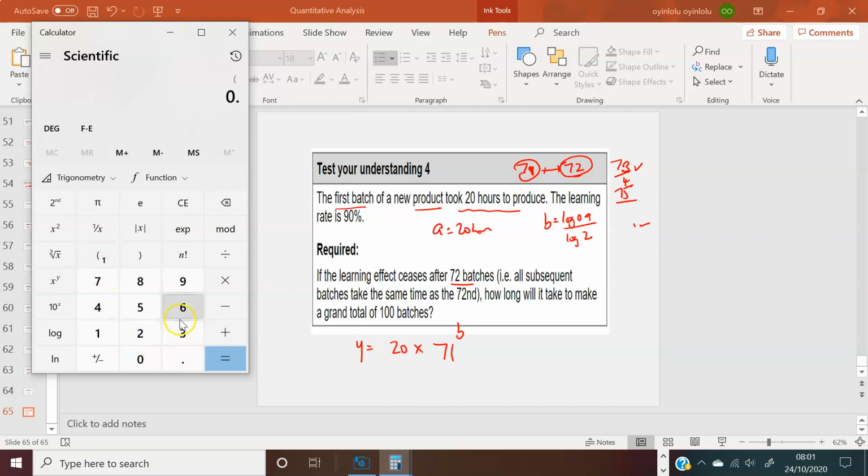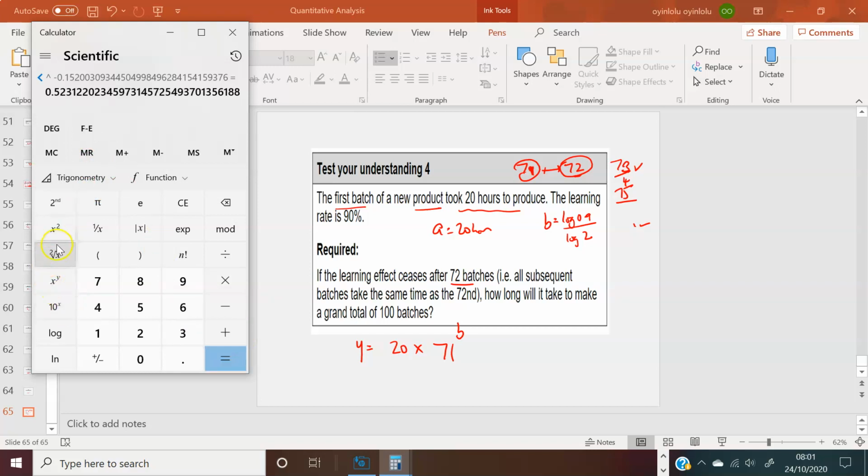So 0.9 log, close that bracket, divide that by, open the bracket, 2 log, close the bracket. And that's equal to 0.152. So I'm going to store that in my memory, memory add. And then what I now want to do is say 71 raised to this. So 71 raised to memory recall, and that gives me 0.52.